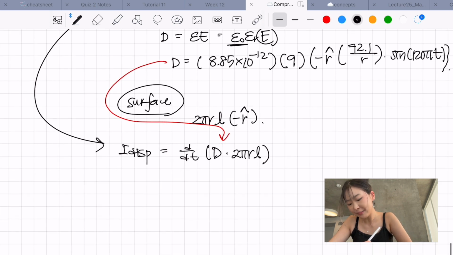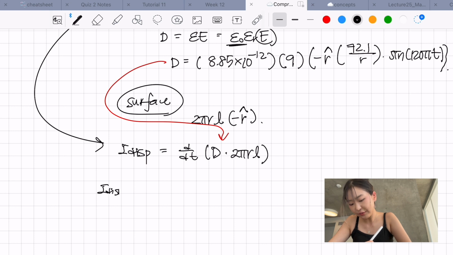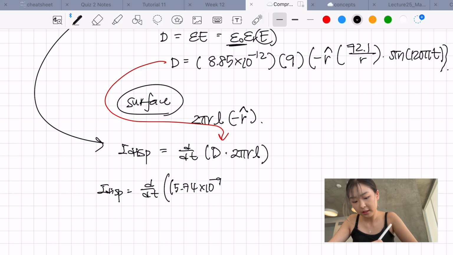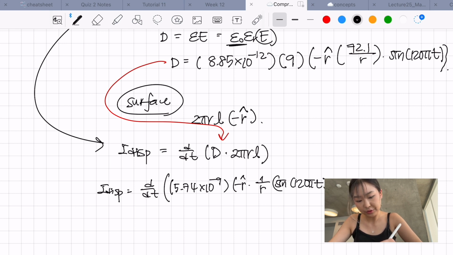So I disp is equal to d over dt of 5.74 times 10 to the negative 9 in the negative R hat direction, R sine 120 pi t, times 2 pi RL.